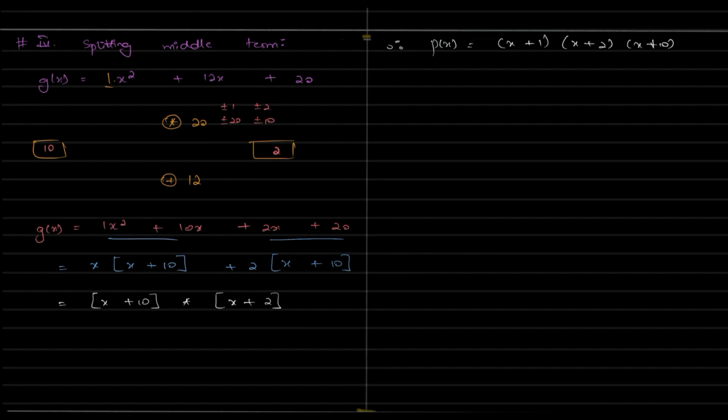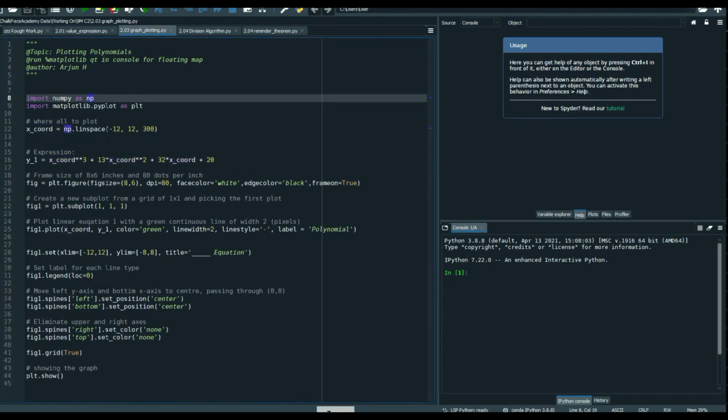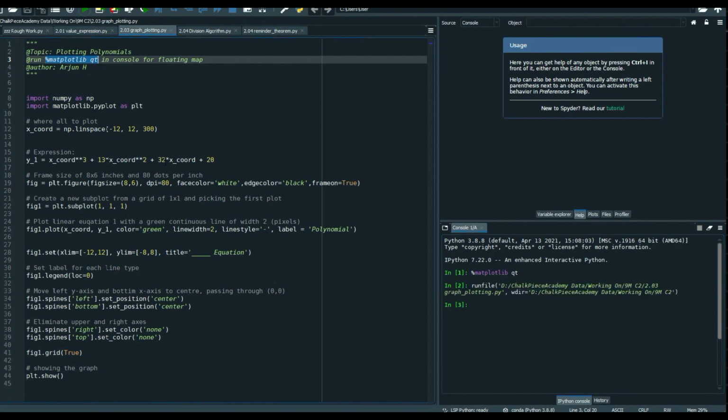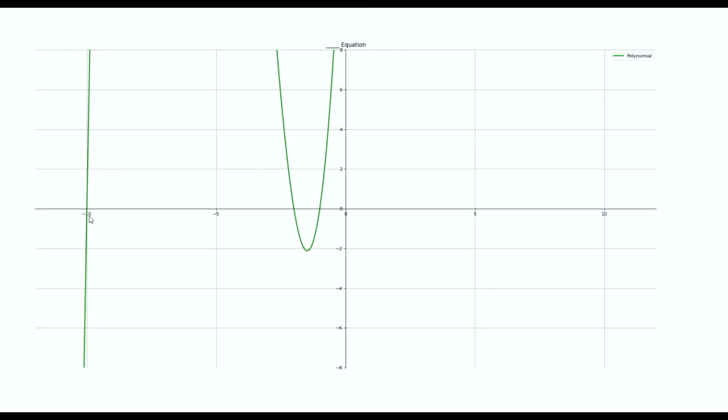Just for extra knowledge, the zeros of polynomial p of x are minus 1, minus 2, minus 10. Graphically, what does that mean? The expression has been typed in. So the graph will pass through minus 10, minus 1 and minus 2.